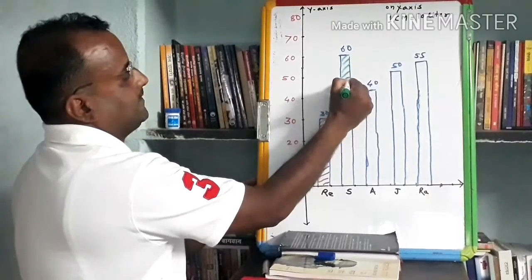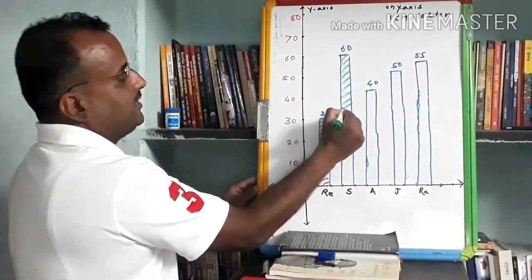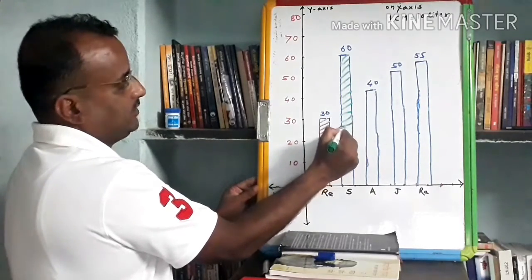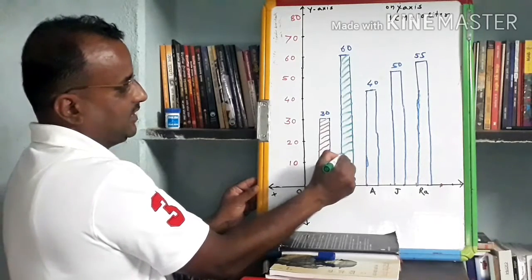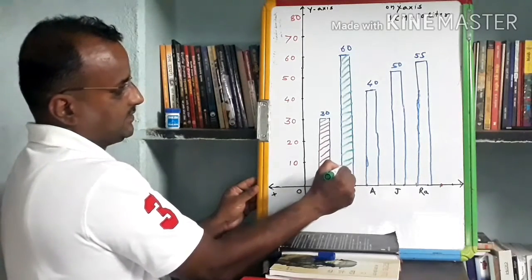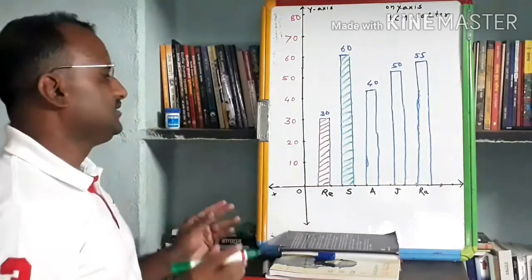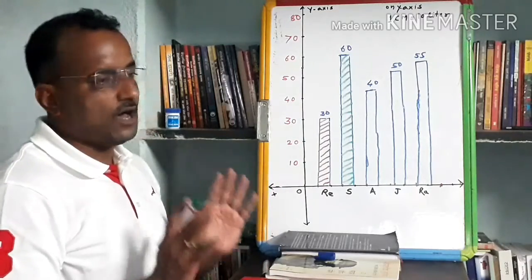With the help of the bar graph we can also tell which family consumes the least water per day. You can make it decorative, it is not necessary. So in this way we can draw a bar graph.